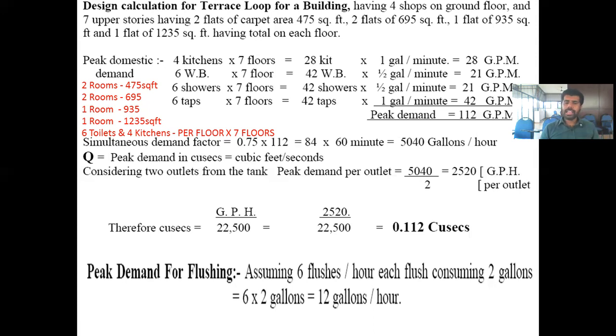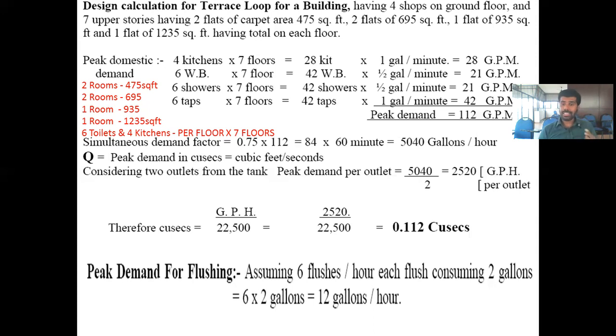And imagine that each flush consumes 2 gallons of water. So assuming 6 flushes in 1 hour, what will be the total gallons in an hour? 2 gallons will be flushed out in 1 flush.